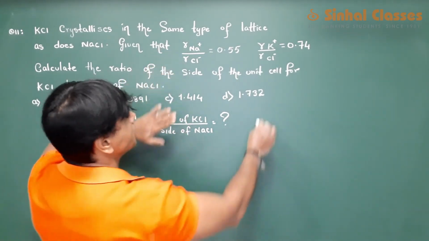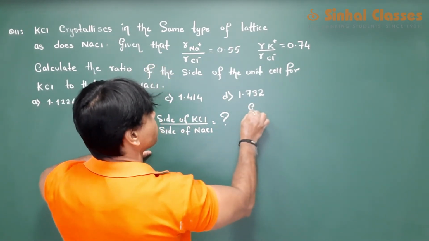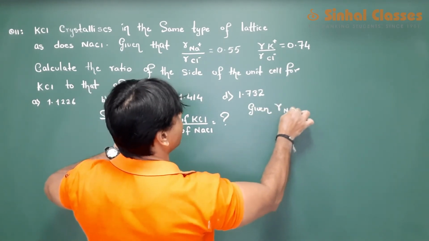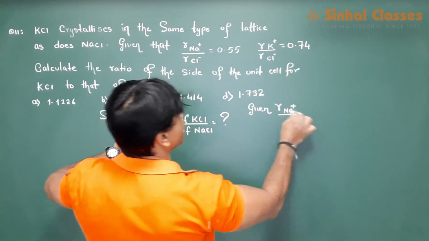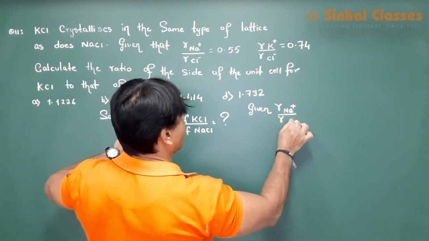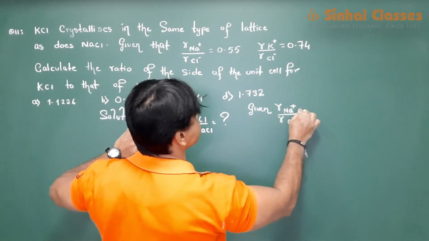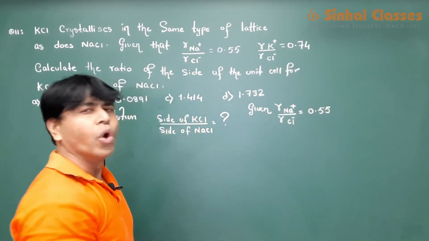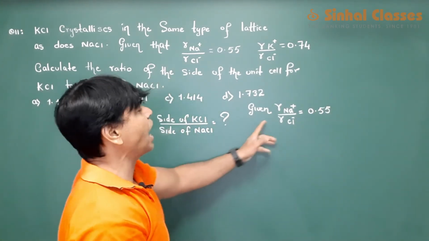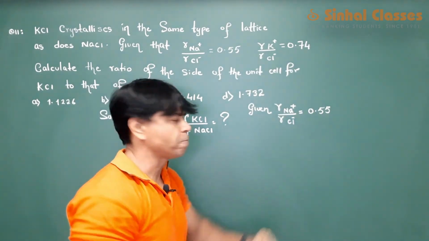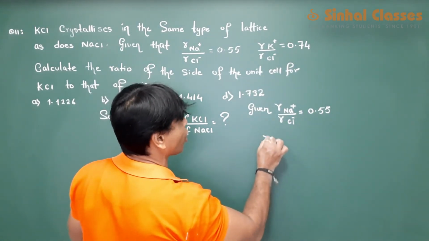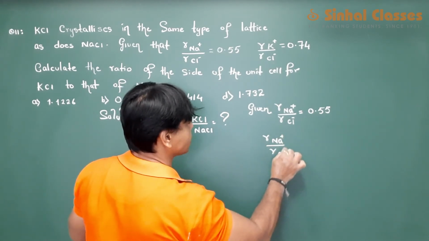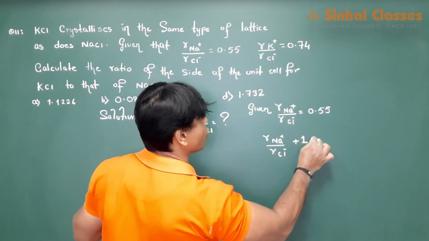First of all, you have been given radius of Na plus upon radius of Cl minus as 0.55. What you do is add 1 on both the sides. Now when you add 1 on both the sides, this will become R Cl minus plus 1.